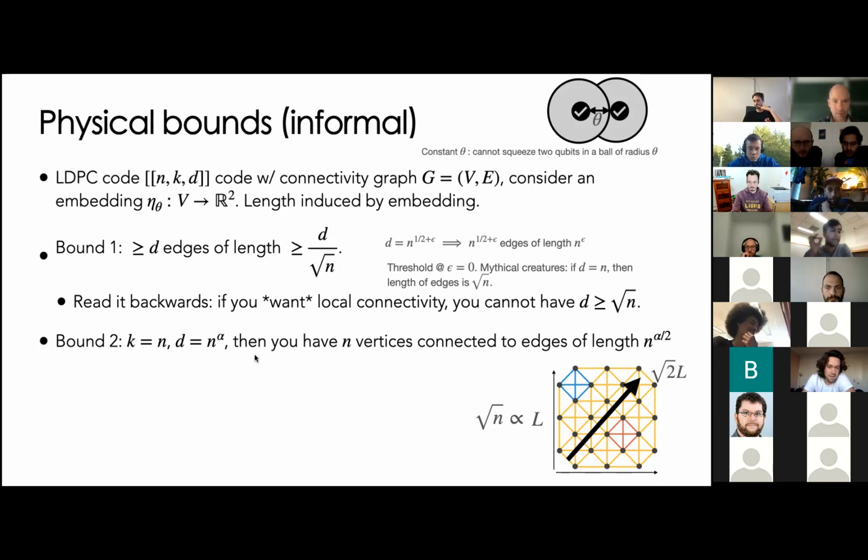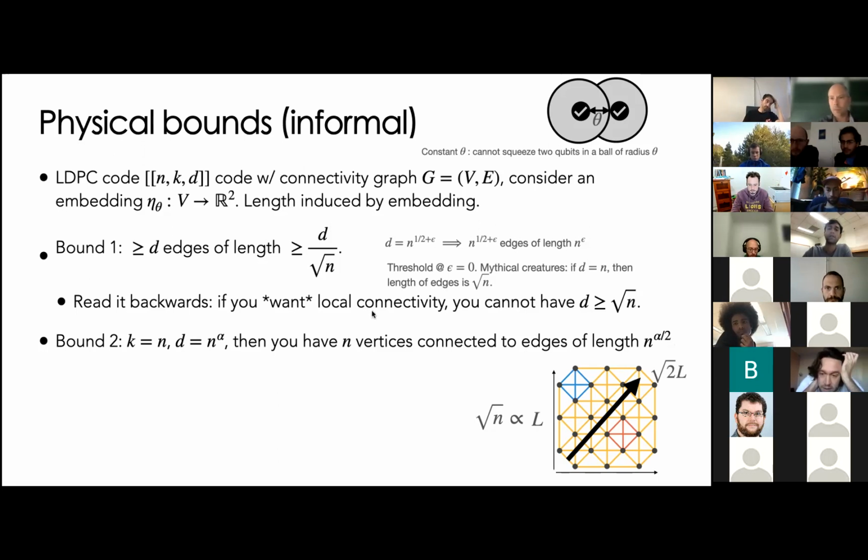Our next bound can be presented in a simple manner as well. For the sake of reducing the overhead required to construct quantum codes, we'd like LDPC codes for which k scales linearly with n, namely constant rate codes, and for which d scales as n to the alpha for some parameter alpha. And our bound implies that for such codes, you're going to have some constant fraction of vertices in your connectivity graph that are connected to edges of length n to the alpha over 2.